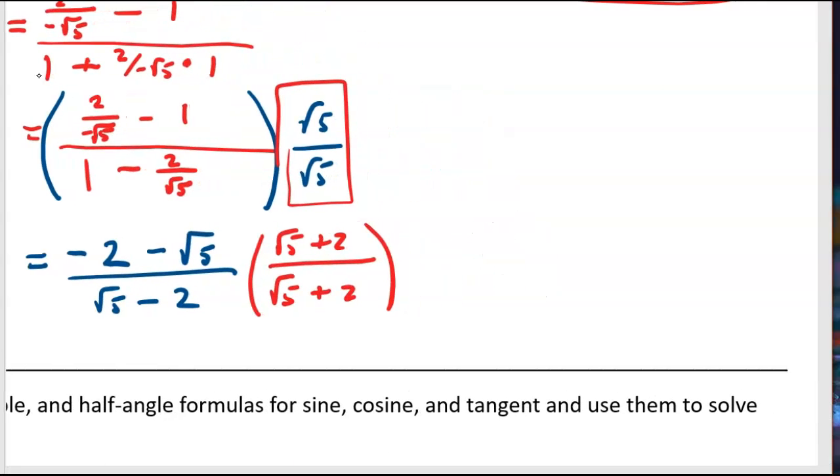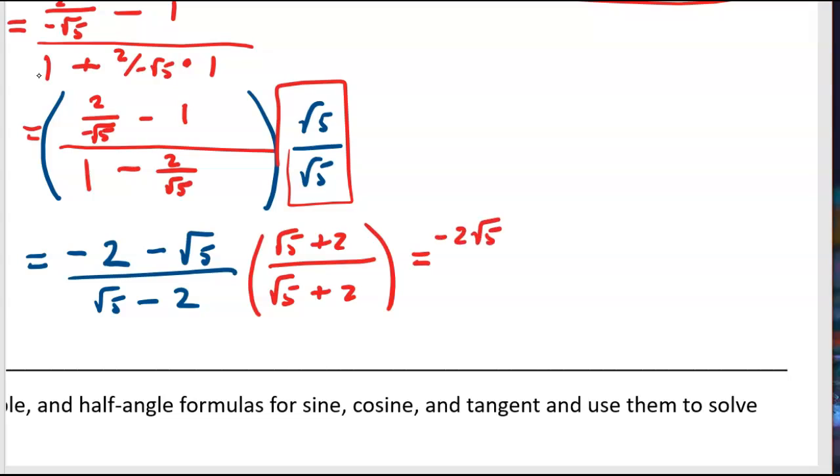And I'm doing that because I can't have a radical in the denominator or a fraction within a fraction. This expression is not considered simplified, going back to Algebra 2, which you blasted through last school year. So now we need to distribute. Negative 2 times root 5 is negative 2 root 5.